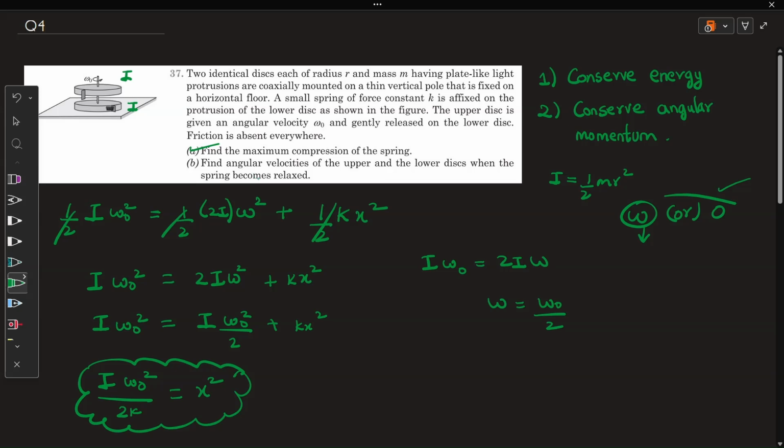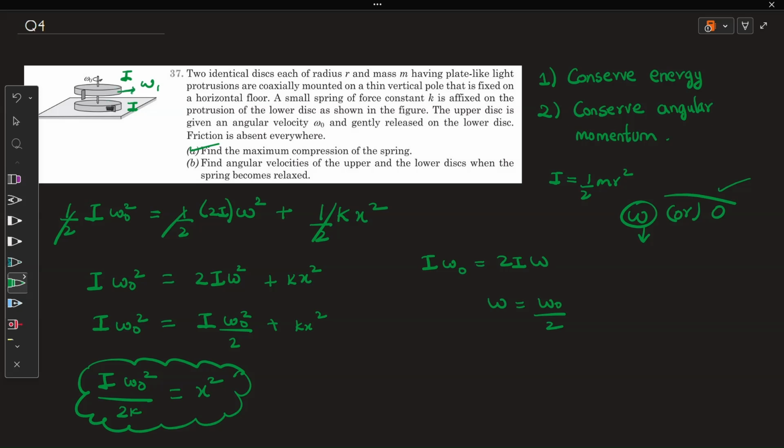This is the maximum compression of the spring in the first case. Now in the second case, again the spring becomes relaxed, so these two have different angular velocities. The spring exerts equal force on these two disks, so each gets some torque. As we are considering this as a whole system, no external torque is there, so we can conserve angular momentum here too.